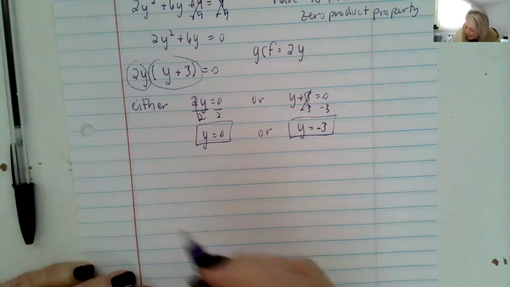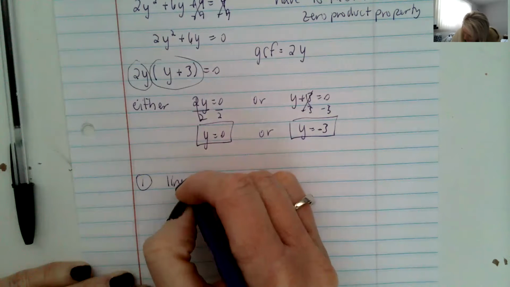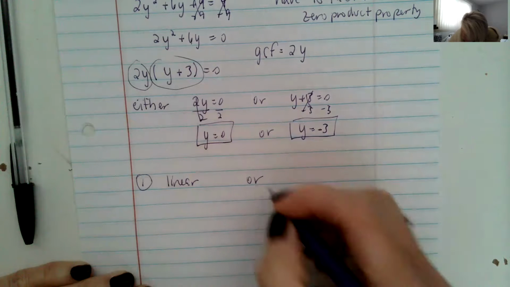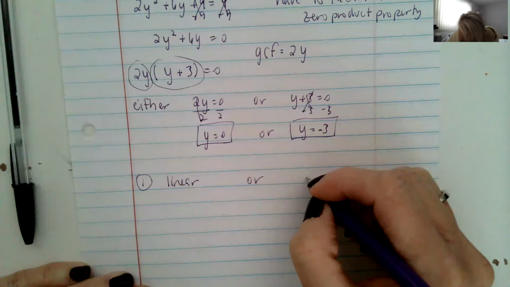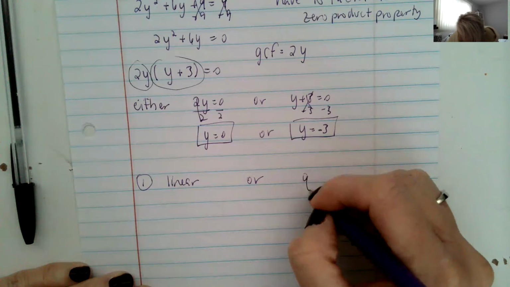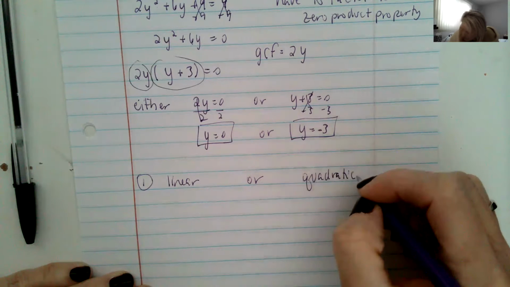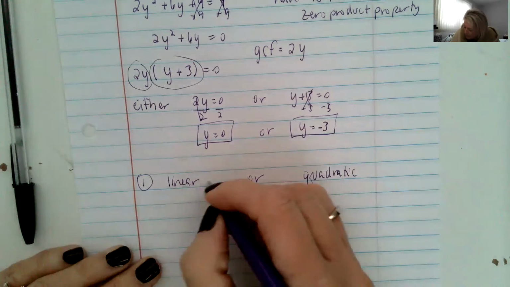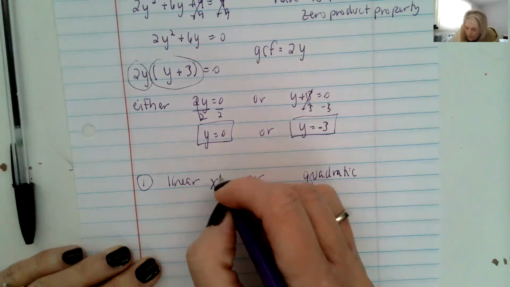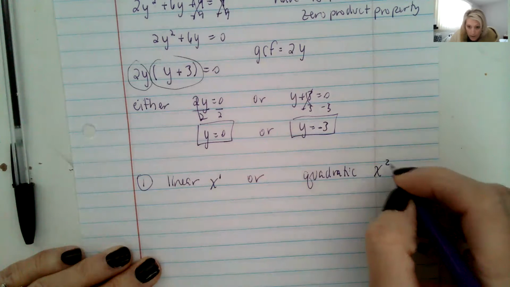So just to recap, you have to decide if it's linear or quadratic. Linear means you just have this x to the 1 term, while quadratic means you have something with an x squared in it.